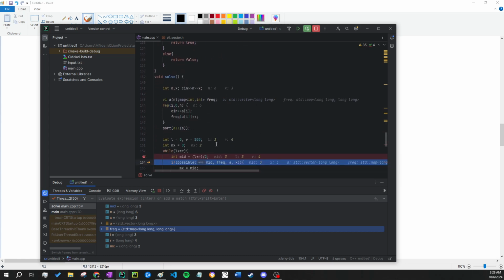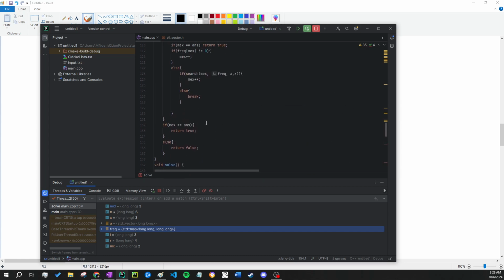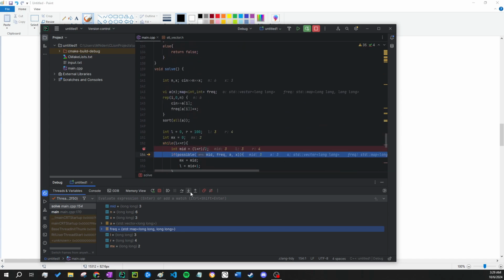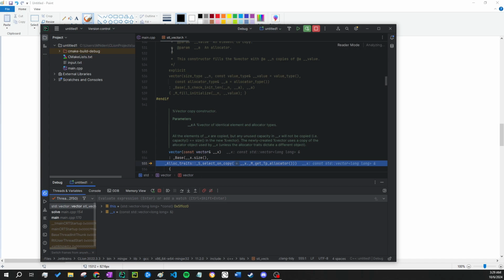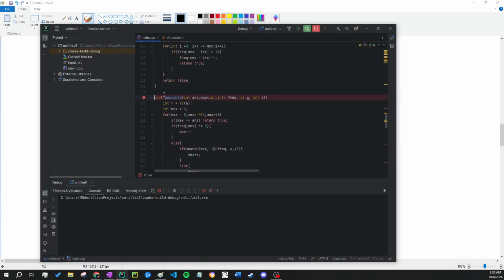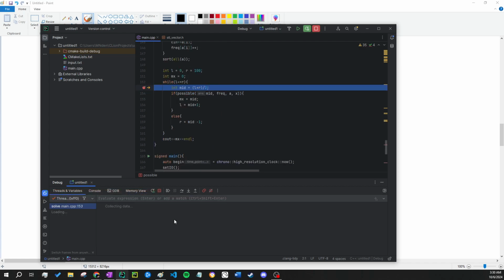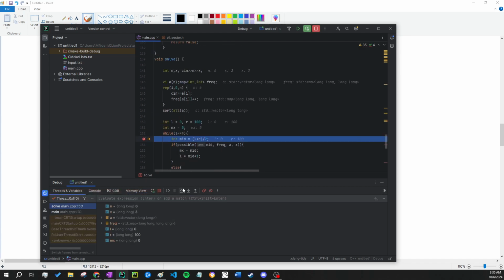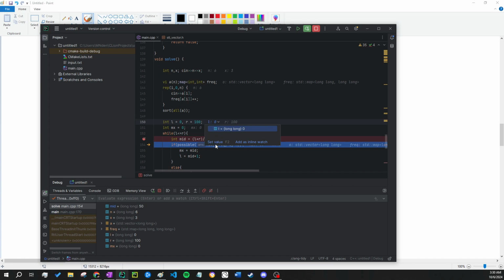Let's see. L is 3, R is 4. Let's see why it's not working. Can I step into it maybe? There you go. So L is 3, R is 4, I believe, right? So let's set a breakpoint right here. L is 3.